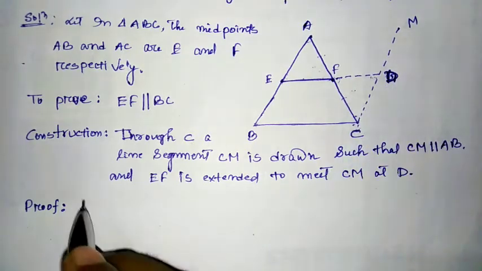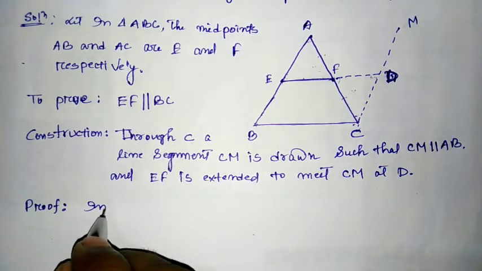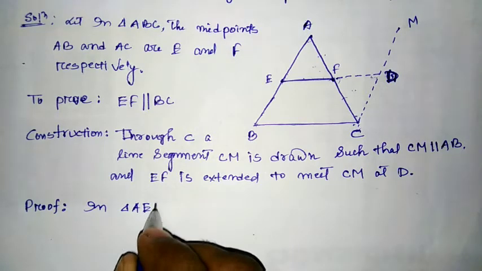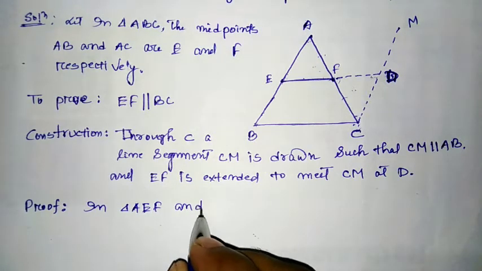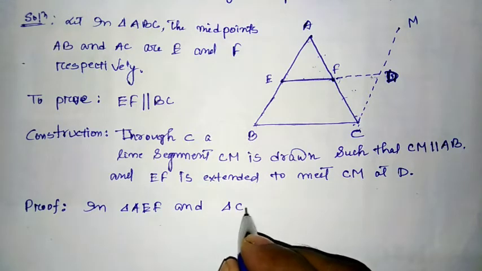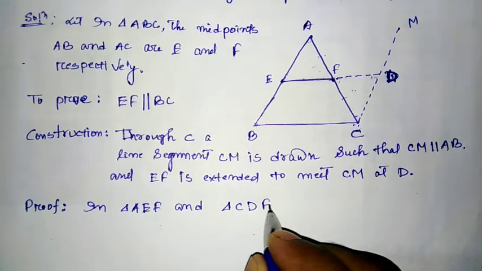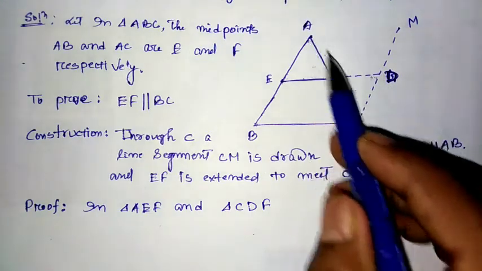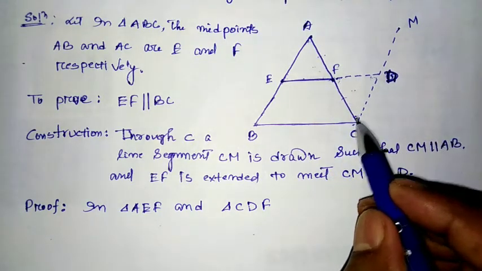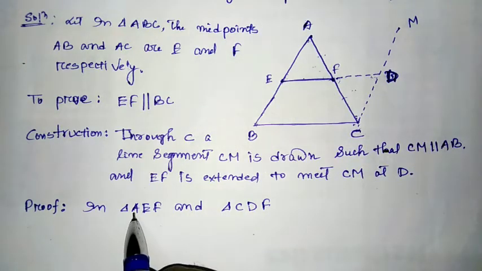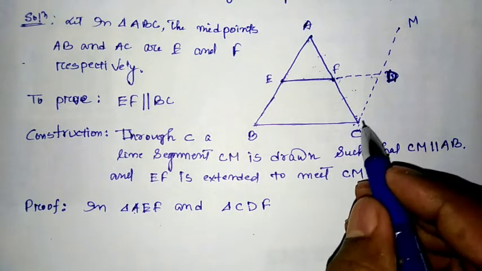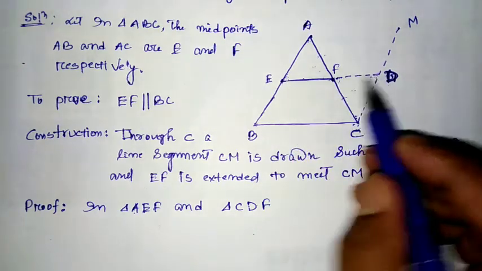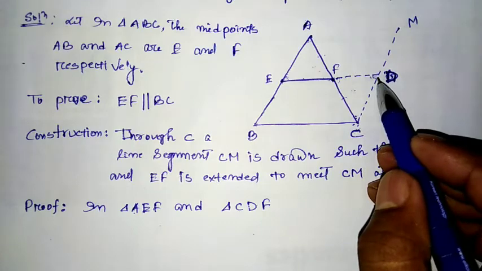Very easy. So first of all, write in triangle AEF and triangle CDF. Why am I taking CDF? Why not CFD? See, angle A is equal to angle C. As I have considered A first, here I have to consider C first. And angle E will be equal to angle D, no?